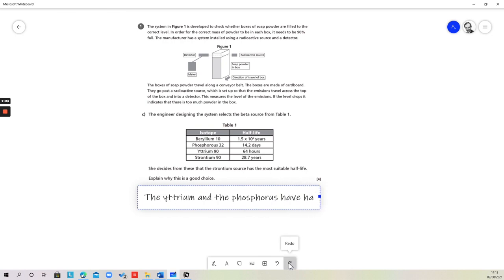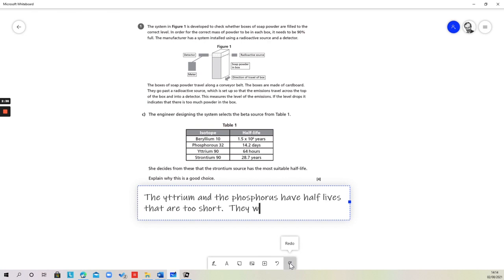So let's put down the yttrium and the phosphorus have half-lives that are too short. The difficulty with these, of course, is that it means that the source would become weaker relatively quickly, so the machine would have to be repeatedly adjusted, and in due course the isotope would have exhausted its usefulness.